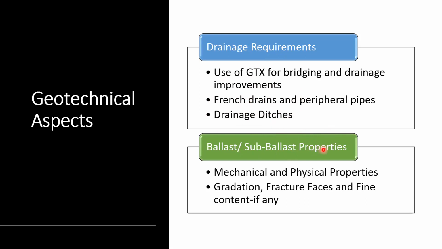The ballast sub-ballast properties, you have to specify the mechanical properties and the physical properties. The recommendation often includes the gradation. Again, some track standards provide guidelines, but you can always rely on local contractors' experience, your understanding of the requirements of the project, and you can tweak these gradations a little bit to make it more economic friendly.